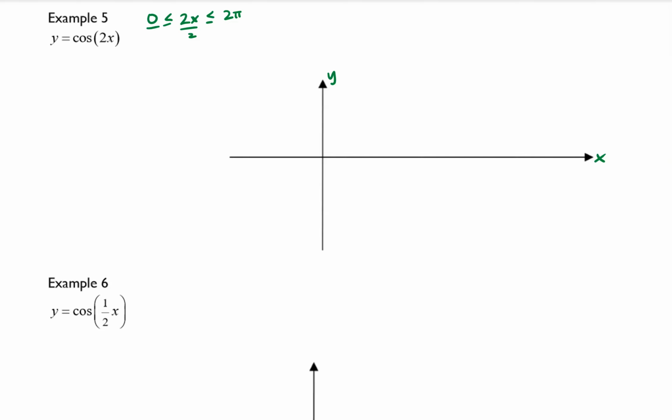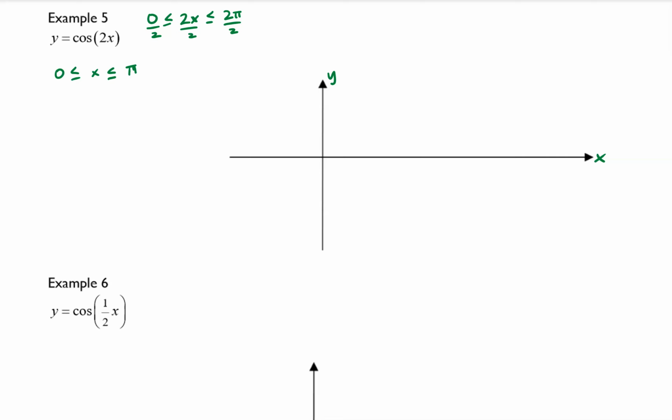And then if I divide all sides by 2, then I get 0 is less than or equal to x, which is less than or equal to pi. So that means that our values for x are going to span from 0 to pi. So basically, it's being pushed in horizontally.